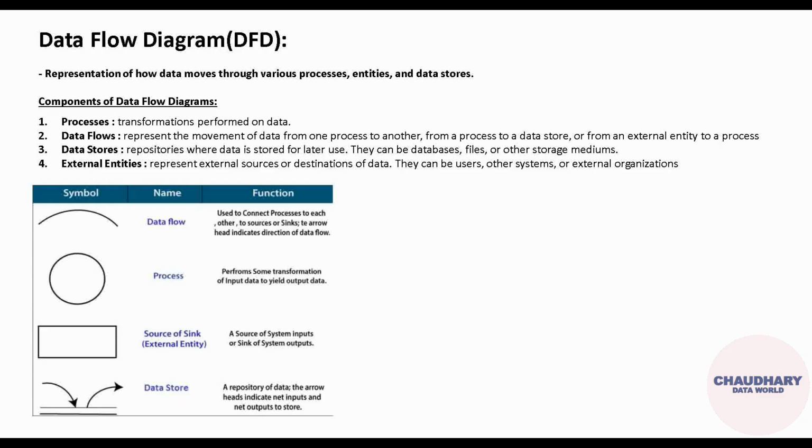This data flow diagram is the very first stage of any data modeling, you may say. Because suppose you want to have a database architecture, or a data warehouse architecture for a business, then definitely you will first have a conceptual level design.